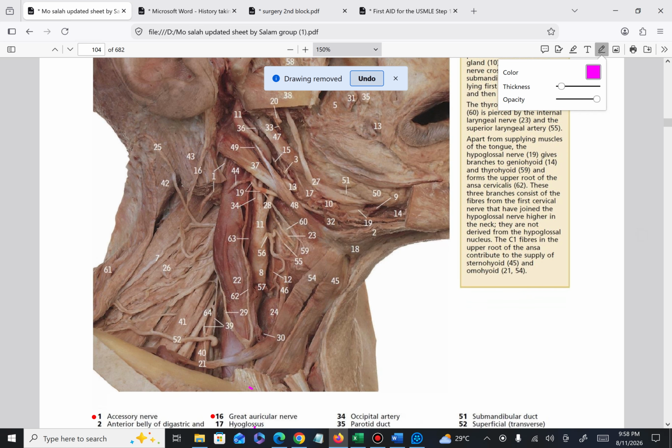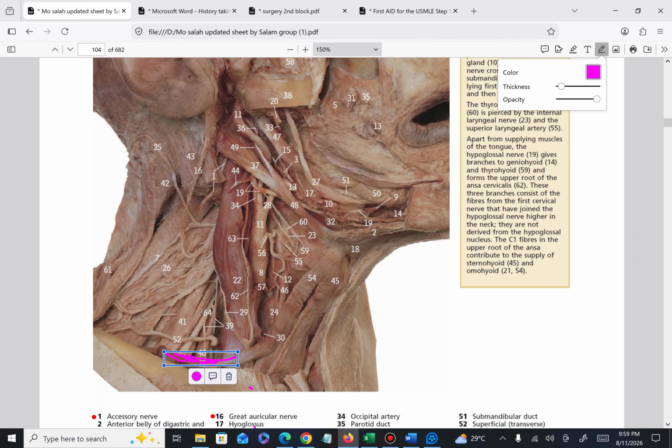The posterior triangle of the neck is divided into two further triangles by the inferior belly of the omohyoid muscle. This, on number 21, is the inferior belly of the omohyoid muscle.